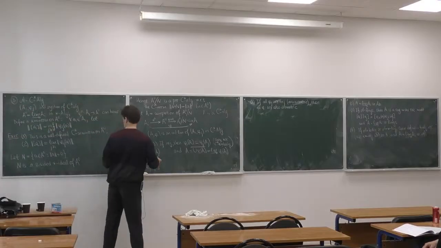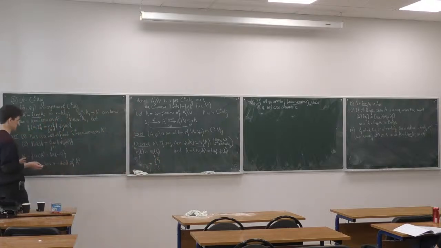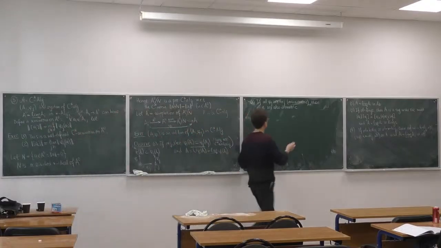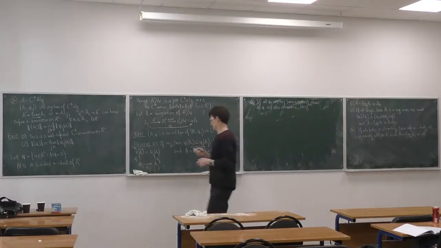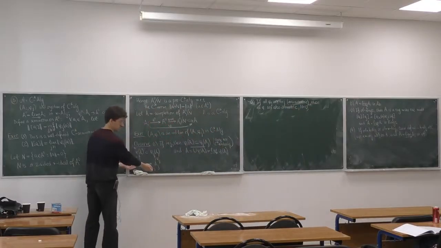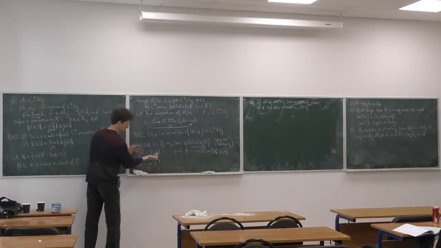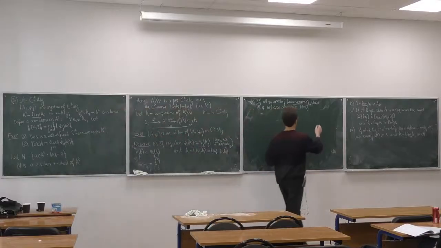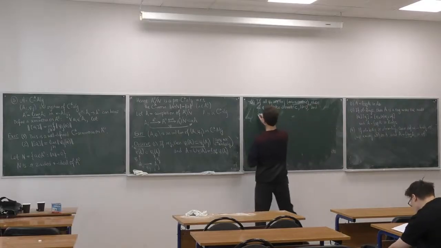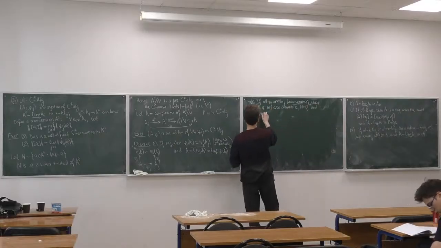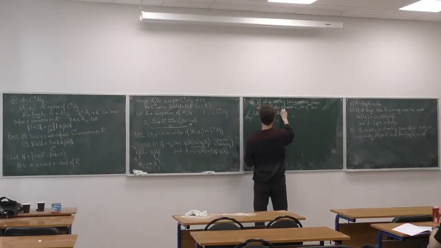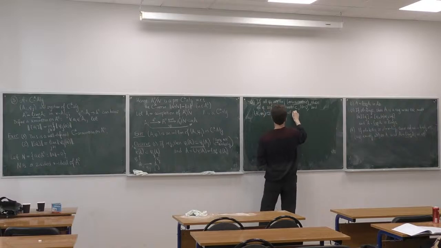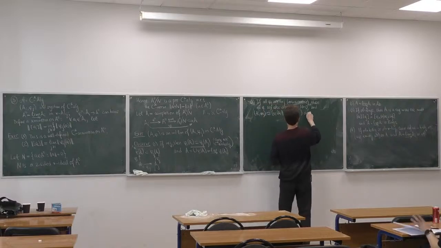In particular, we see that N is 0 in this case. This semi-norm is actually a norm. And so these two inductive systems, this one and this one, are isomorphic.